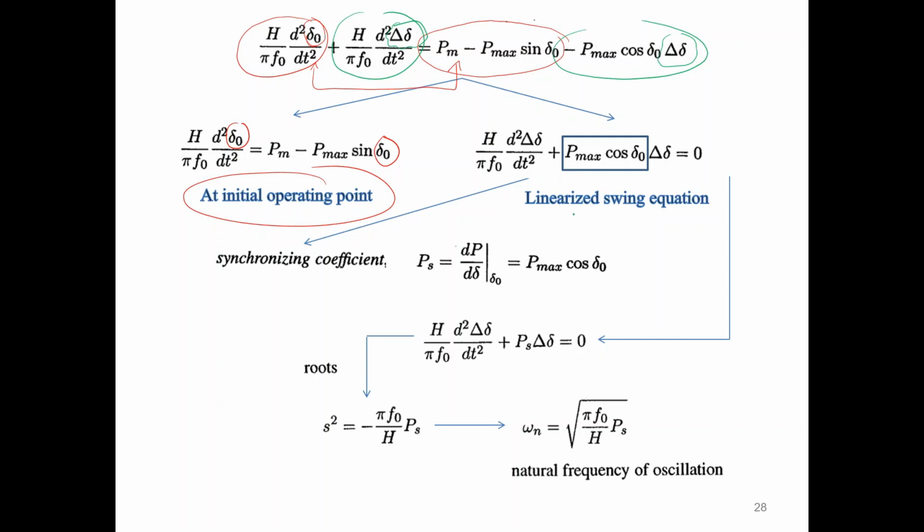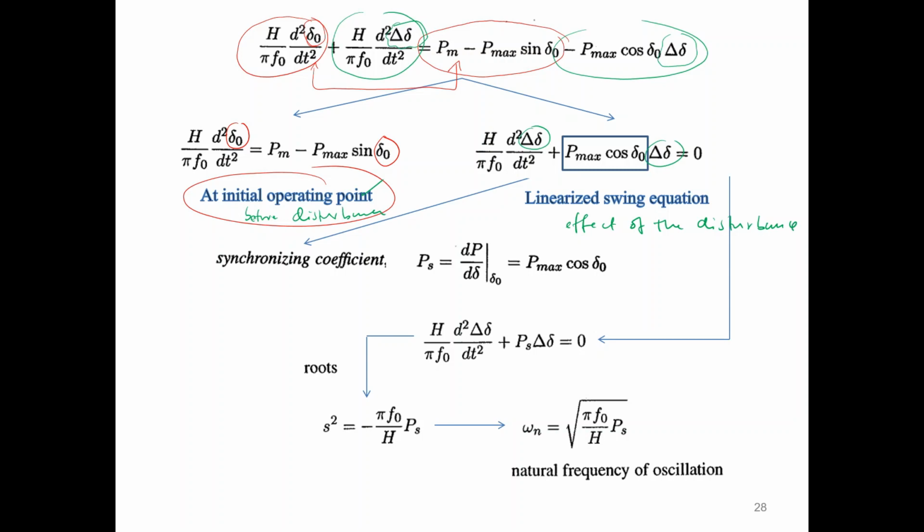So this is the equation that describes the dynamics of the rotor angle due to the small change in angle delta delta. The initial operating point means before the disturbance. This is the effect of the disturbance itself.